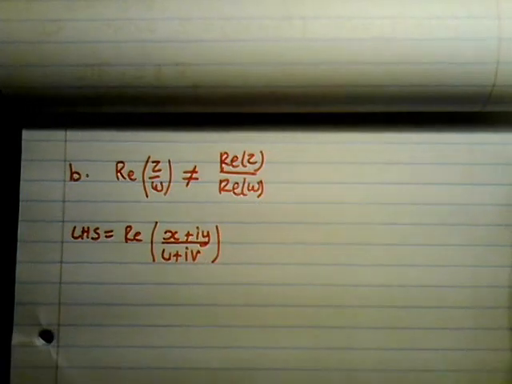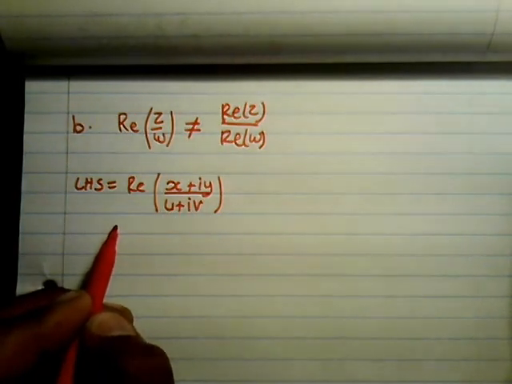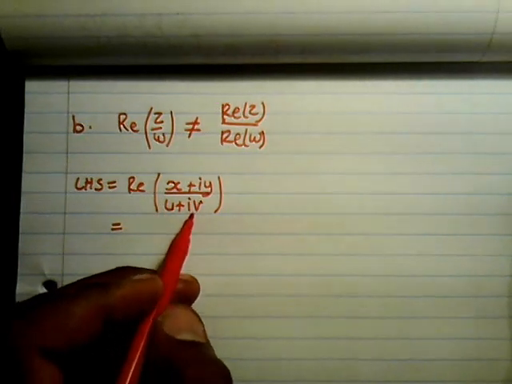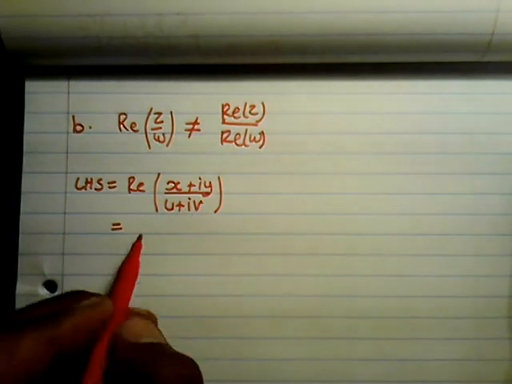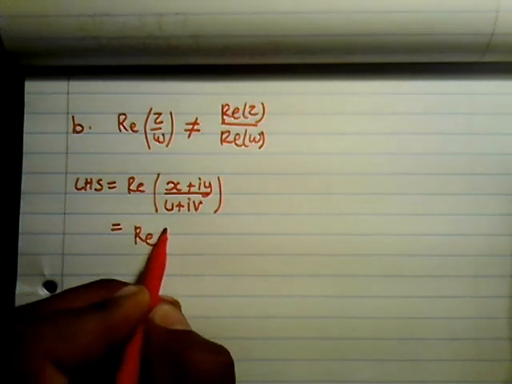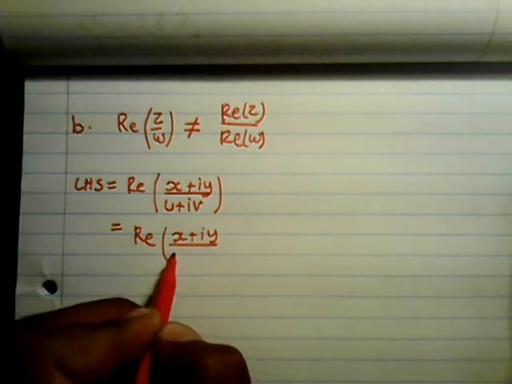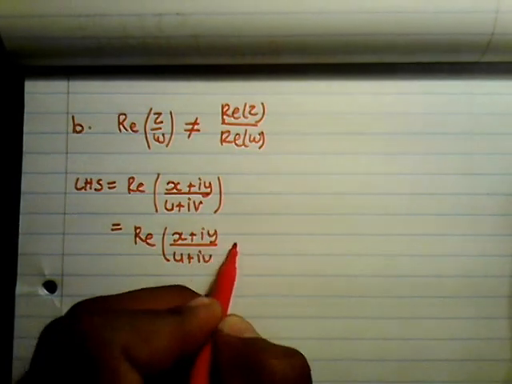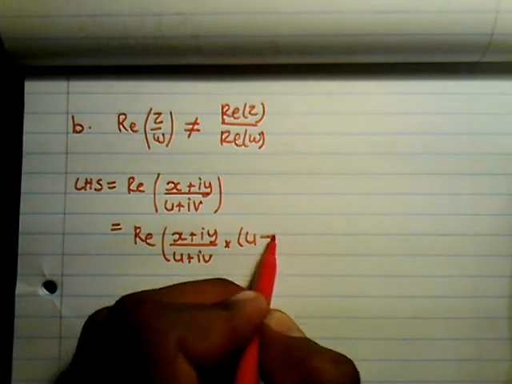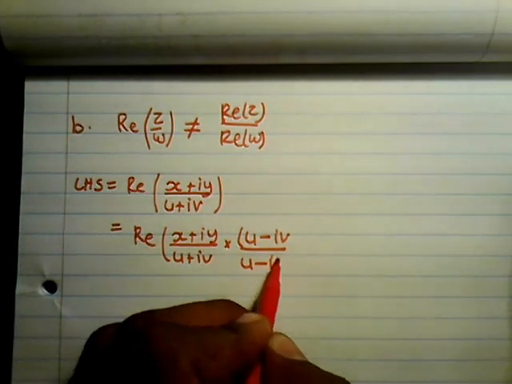So we're going to multiply this fraction by the conjugate of our denominator to get rid of i in the denominator. So we're going to have something like Re of x plus iy divided by u plus iv, multiplied by u minus iv divided by u minus iv.